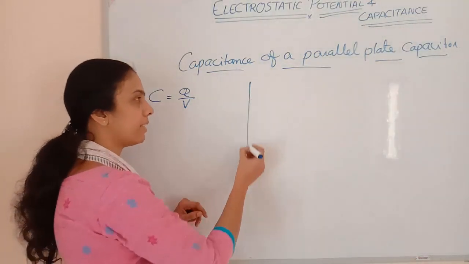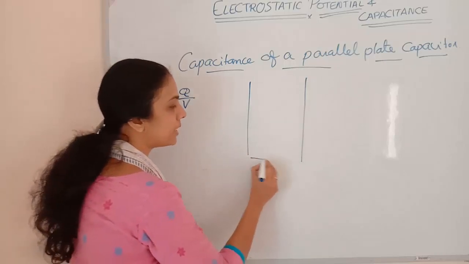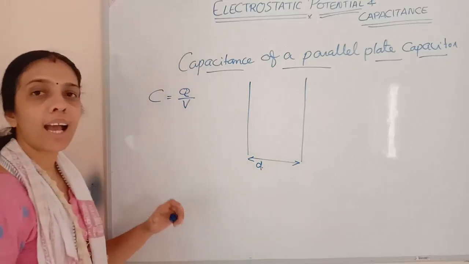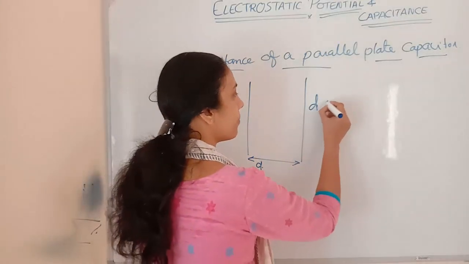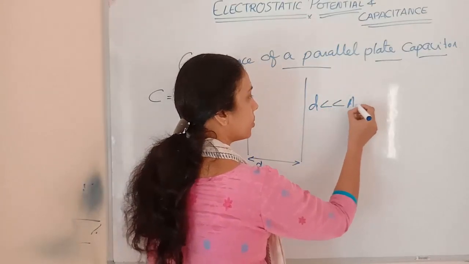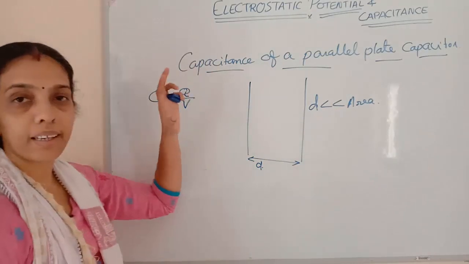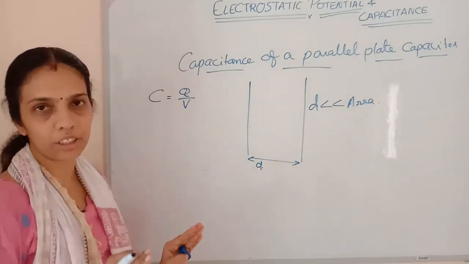I am considering a parallel plate capacitor whose plates are at a distance D apart. As I said in the last class, D will be very small compared to the area of the plates. We consider the distance D very small, so the plates are very close to each other.